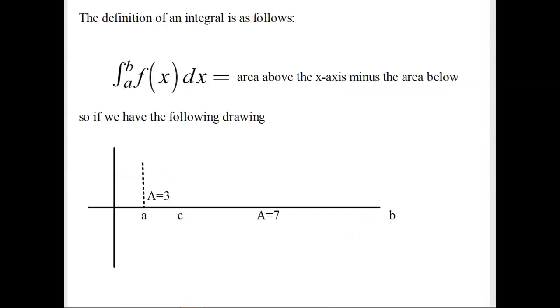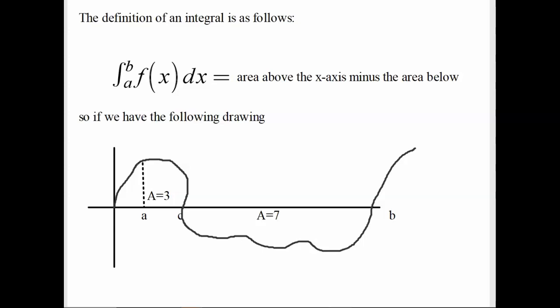So for example, if you're given this graph, and again, your graph is drawn, I had to accidentally erase mine, and we are told that A is equal to 3 and the area below is equal to 7, then from that we can come up with integrals to represent that.